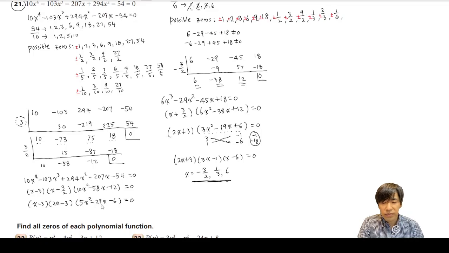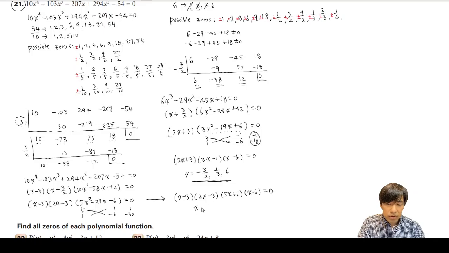And see if you can factor this. 5 and 1 here. I think you can use 1 and 6 here. Negative 6 here. Then if you multiply these, you get negative 30. Multiply these two, 1. So add them together, negative 29. So you can further factor this to (x minus 3)(2x minus 3)(5x plus 1)(x minus 6) is equal to 0.